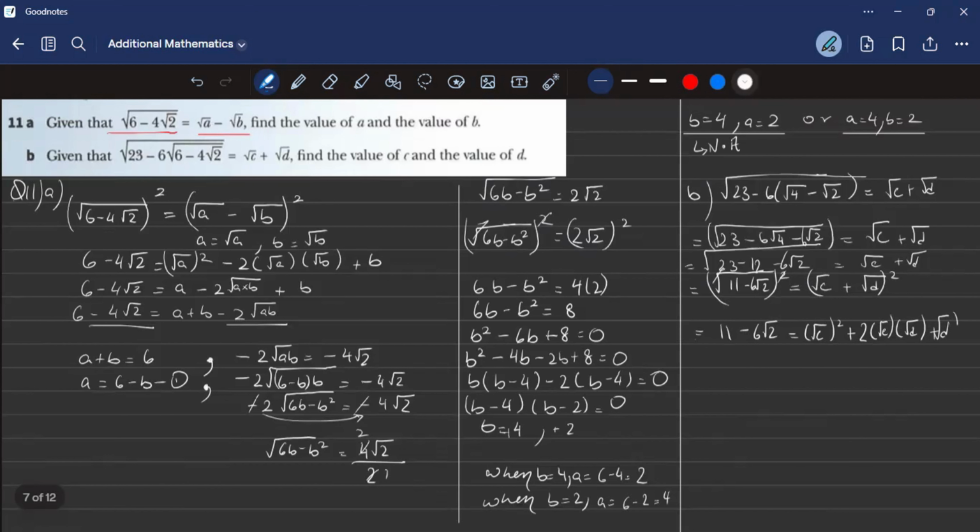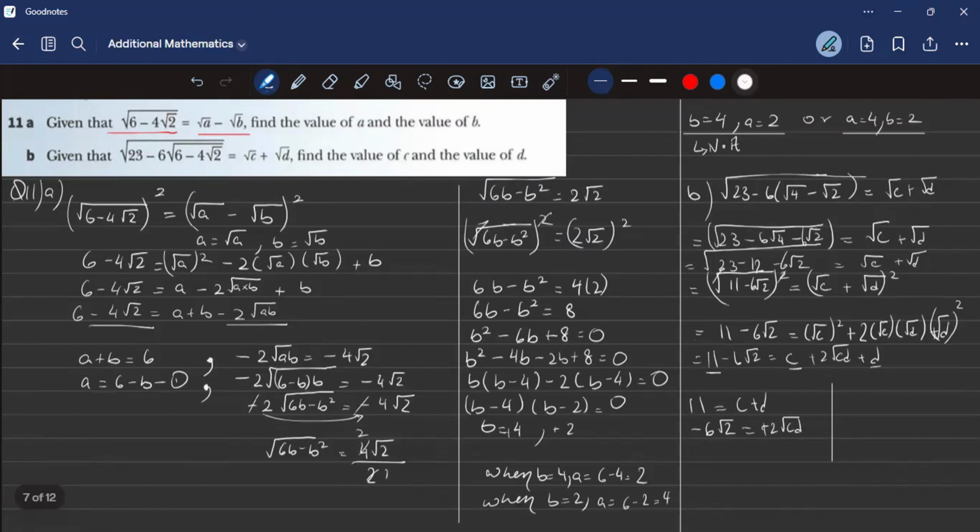So we have got 11 minus 6 under root 2 equals c plus 2 under root cd plus d. Now the constant value c plus d is here, and the constant value 11 is here. As in the previous part, we are going to compare the constants and the surd values. So 11 equals c plus d, and negative 6 under root 2 equals positive 2 under root cd. Let me just simplify this here.